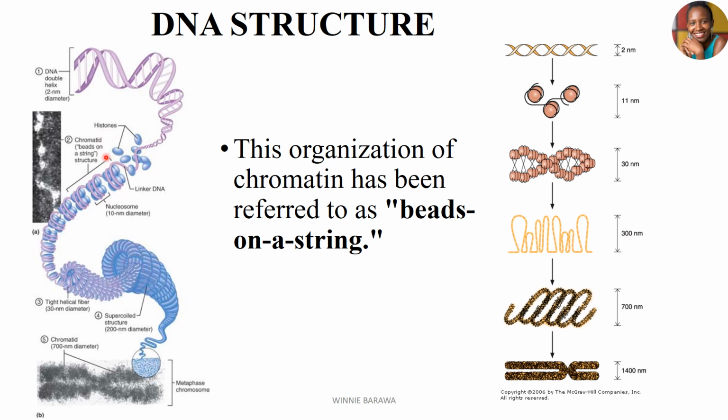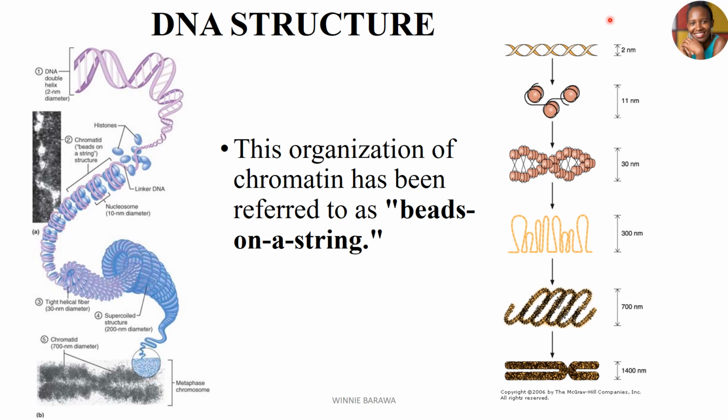And as you can see, as it unwinds, you are able to see the histones here. These histones generally are proteins that help us condense our DNA. And here is our double helix DNA. The coiling of our DNA forms some kind of beads, so we describe them as beads on a string.